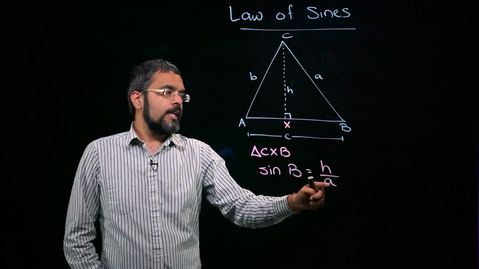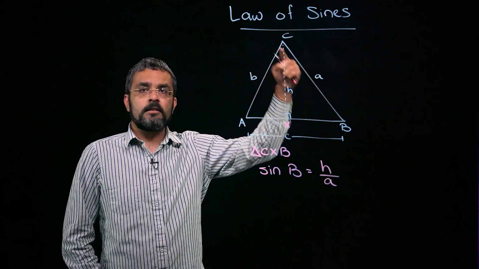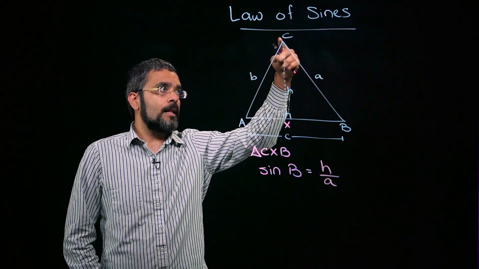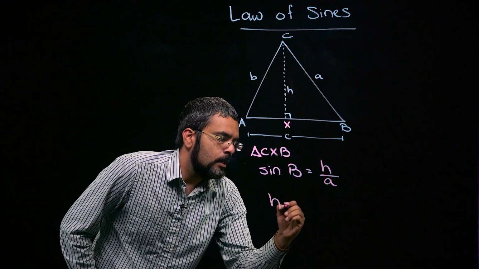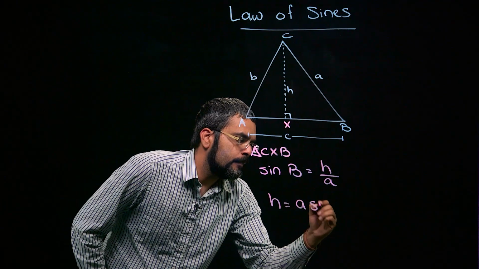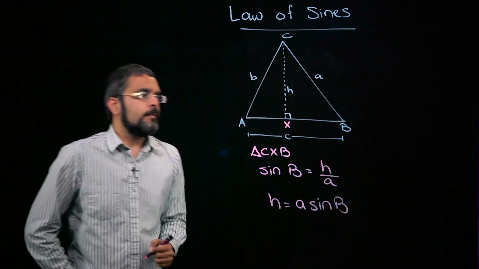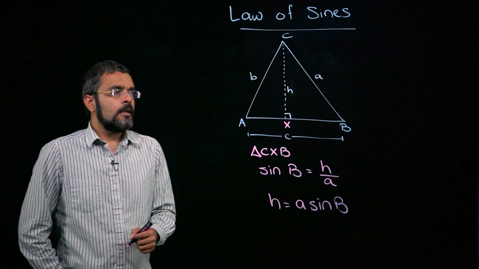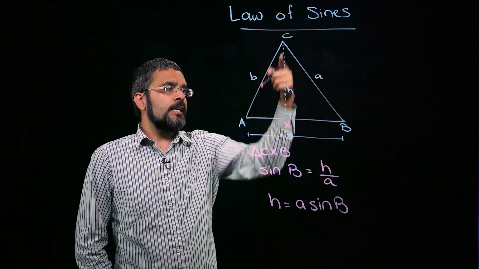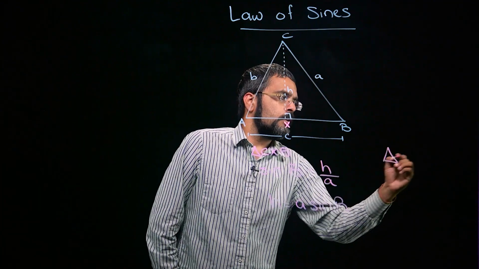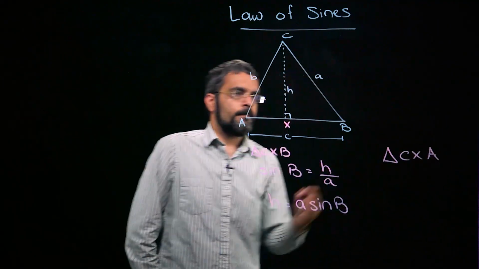Now obviously A is a non-zero number, it's a positive number because that's the length. And so I'm going to multiply both sides by A, and I get h equals A sine B. Now similarly, let's take a look at triangle CXA.